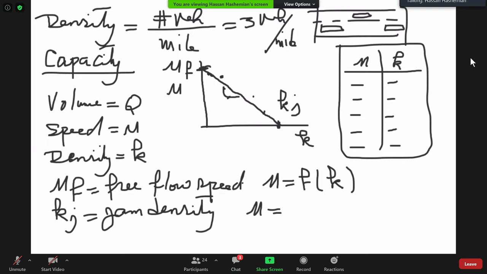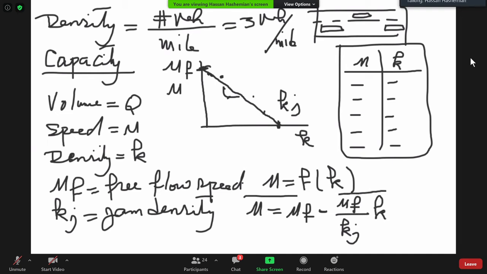This is the equation of this line, right? So the intercept is mu f minus the slope, which is what? Mu f over kj, correct? That's the slope times the k.